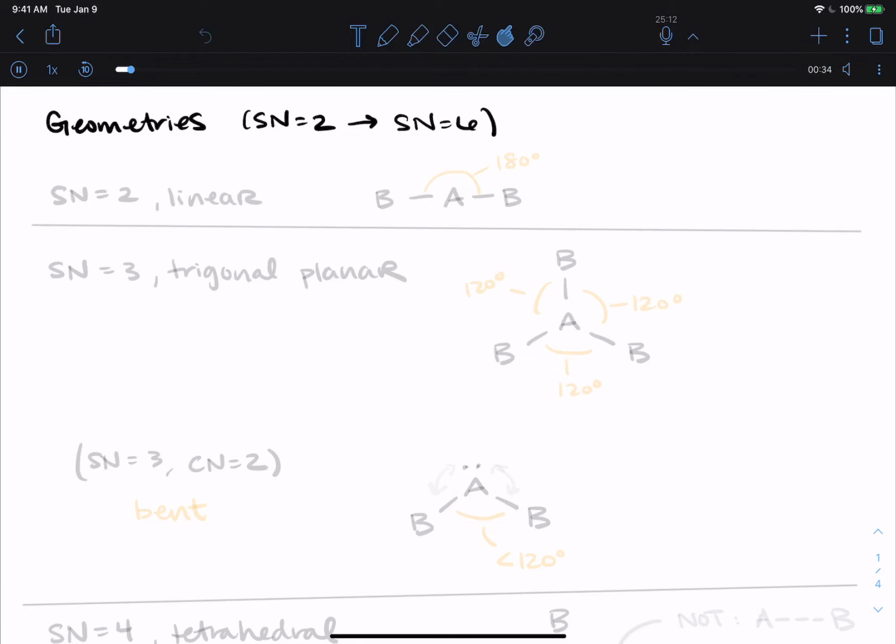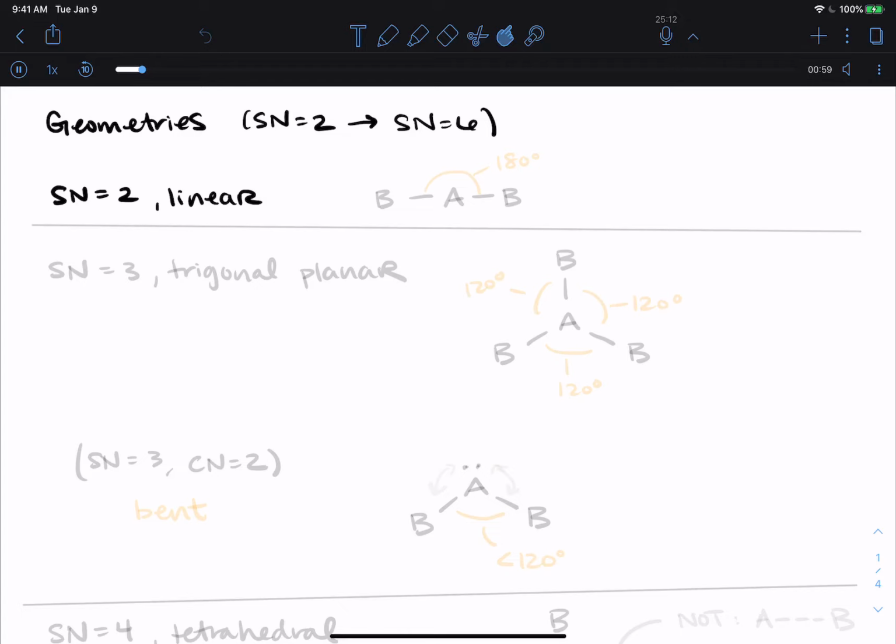But since we communicate everything through flat paper and flat screens, it's important to be able to recreate these in that manner. So starting out with steric number equal to 2. This was our linear geometry. The central atom has 2 things attached to it.